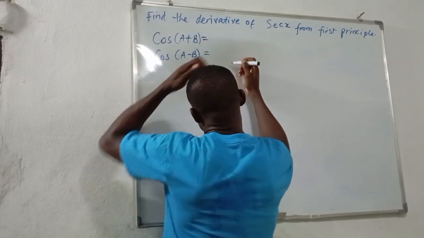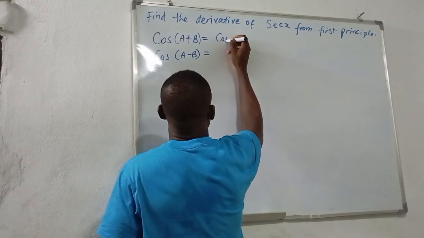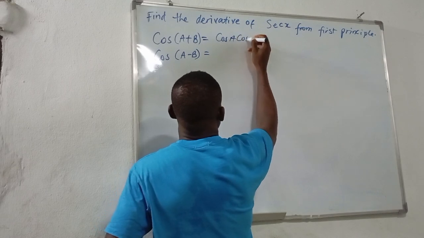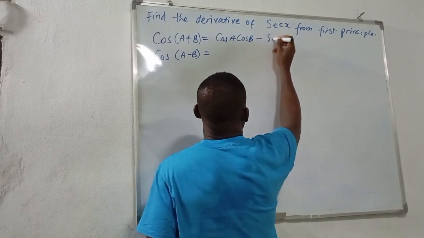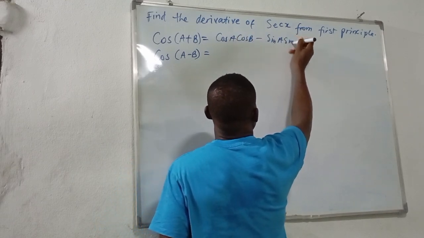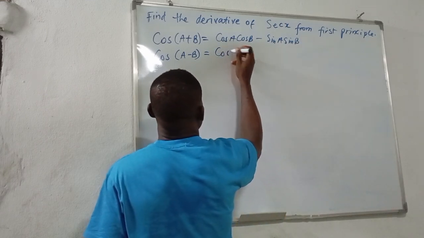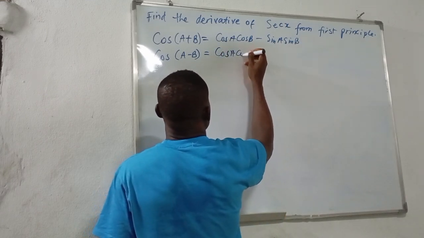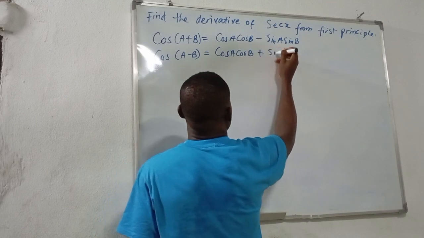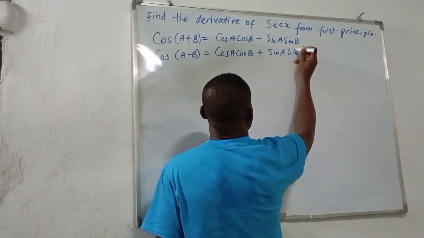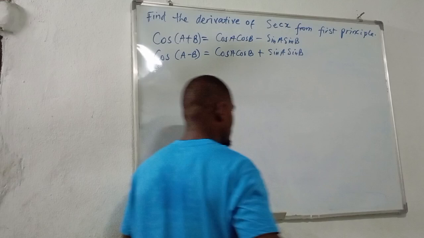Cos(A plus B), we know to be cos A cos B minus sin A sin B. And cos(A minus B) is cos A cos B plus sin A sin B.